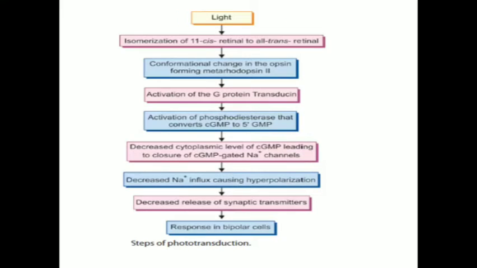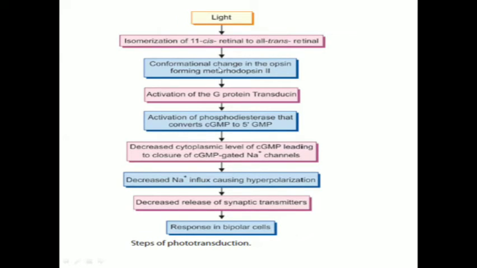So here, let's see what are the steps of this phototransduction. When light falls on the rhodopsin, what happens? There is isomerization of 11-cis retinal to all-trans retinal.